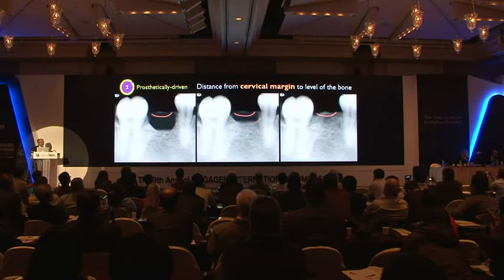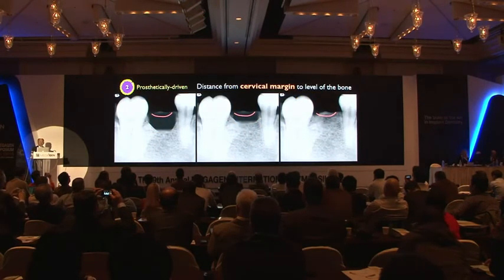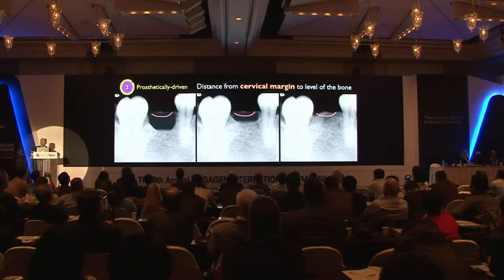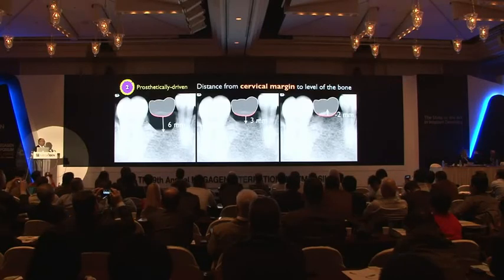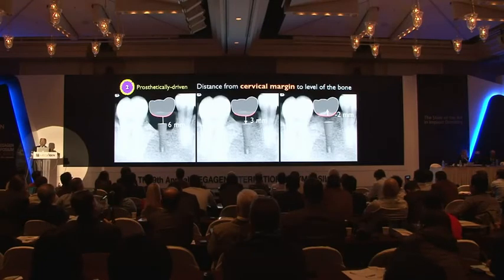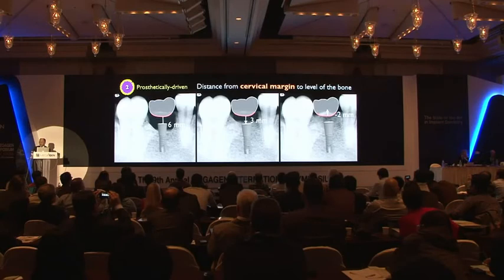So we go to the second approach, which is prosthetically driven. We need to know the distance from the gingival margin to the level of the bone. Suppose we put the crown margin right here, and we need to have 2 millimeter biologic width. So the implant position will be somewhere like this.